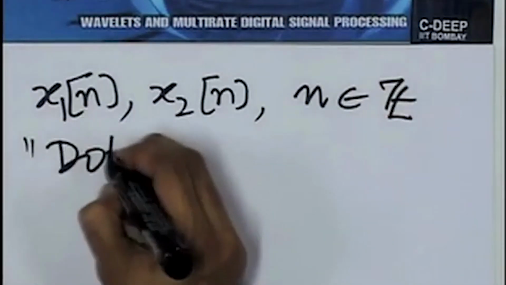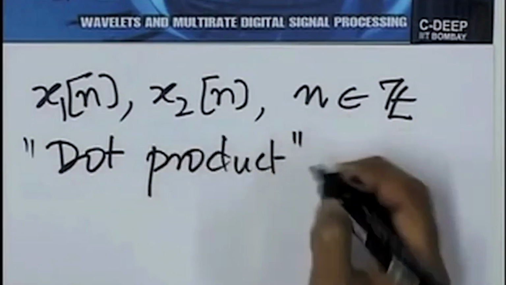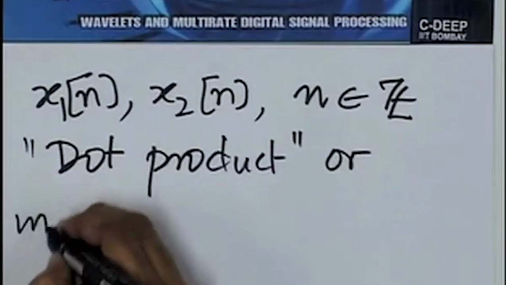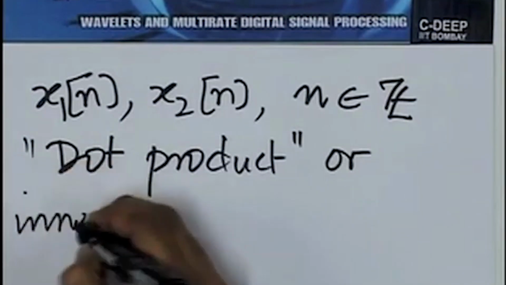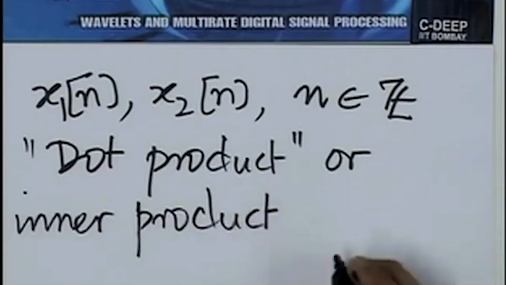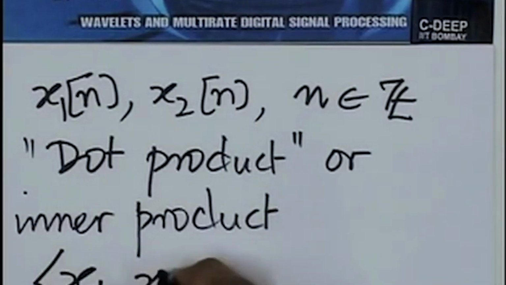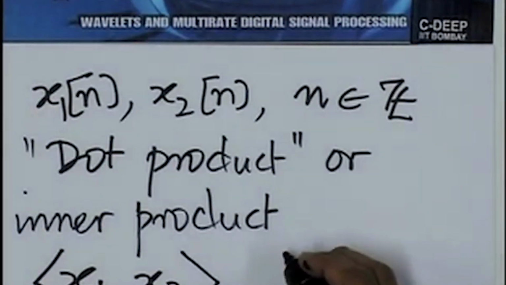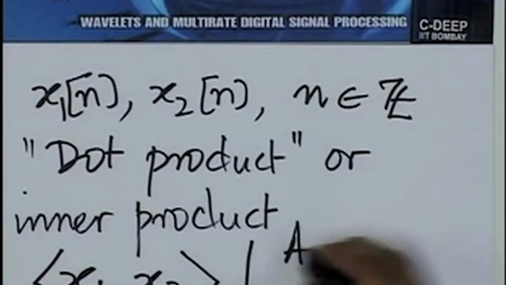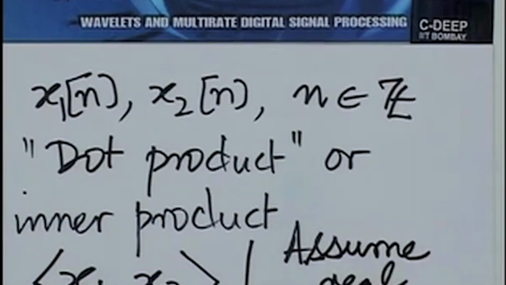Their so called dot product or inner product, as the formal name is. So, you see, instead of dot product now, we would like to use the term inner product to generalize, and we denote the inner product this way. For the moment, let us assume these are real sequences.